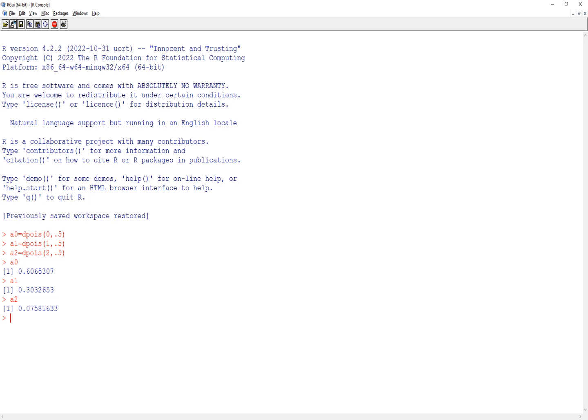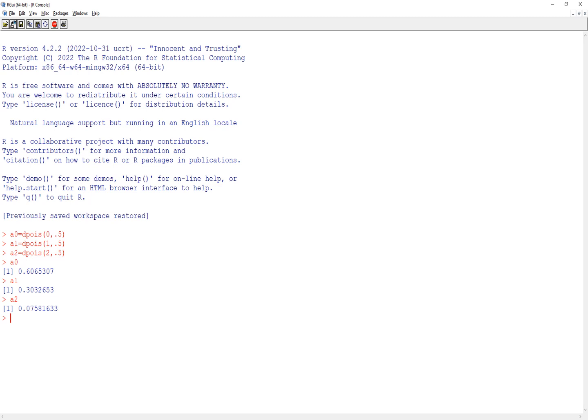And then, of course, we can see it's rare, it's unlikely they'll have three or more accidents. I can get that by adding those three numbers up, which would give me about 68.6-ish. So that would be about a 1.4-ish% chance of three or more accidents.